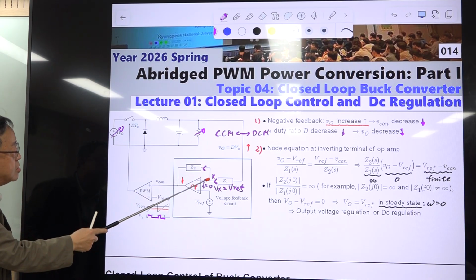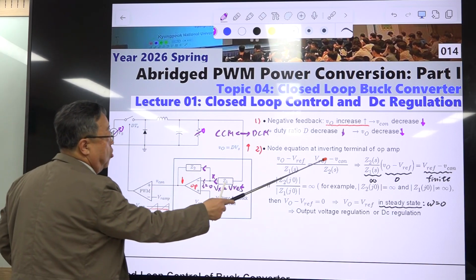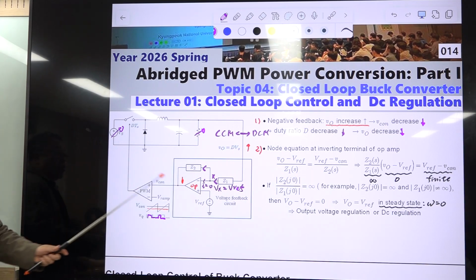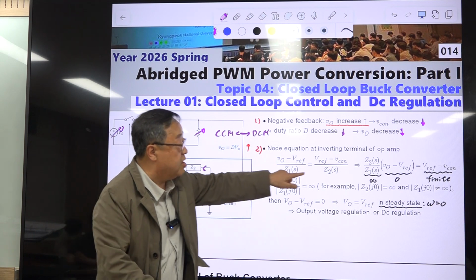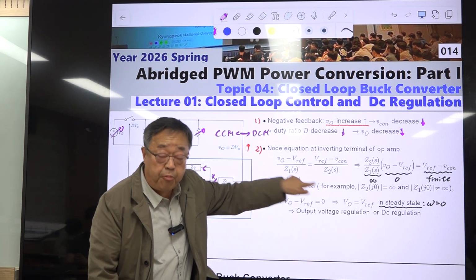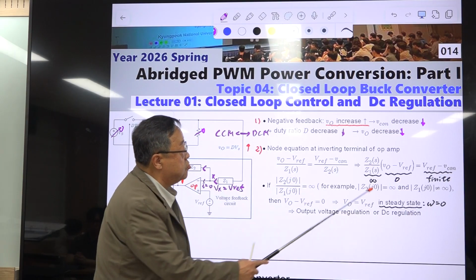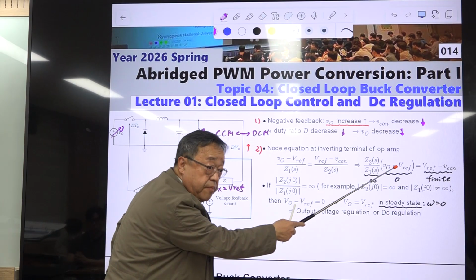That current is this voltage V reference minus this control voltage V con divided by G2. Okay? So this is the KCL applied at this point, and you rearrange this equation in this form for some purpose. I'll show what that purpose is.